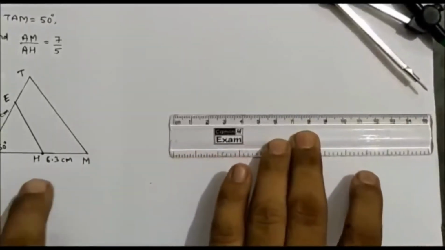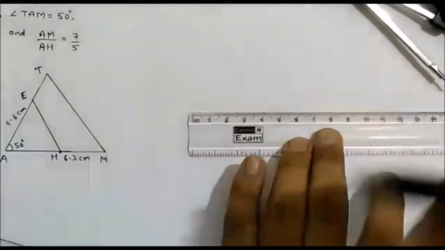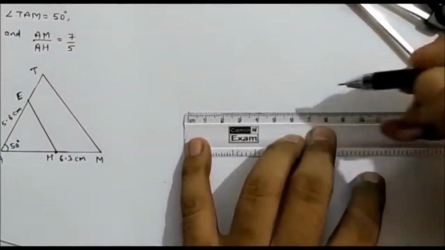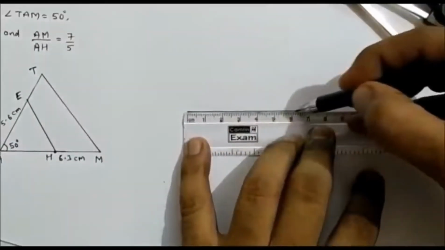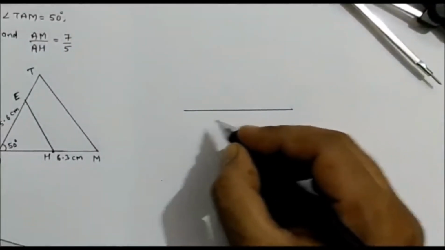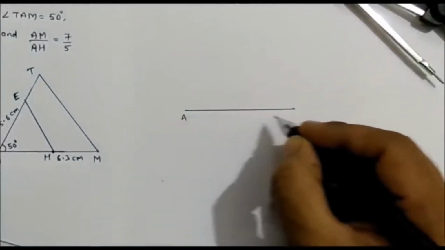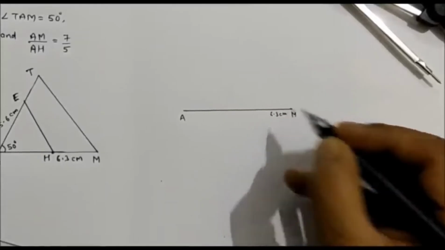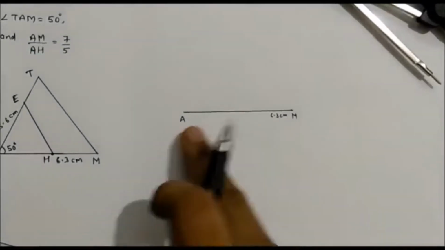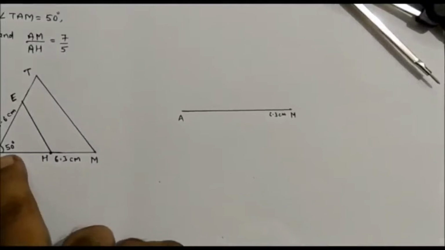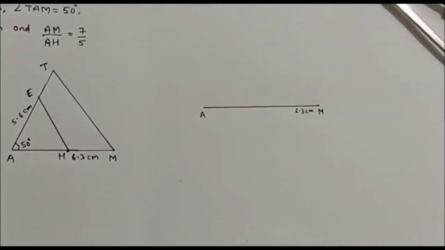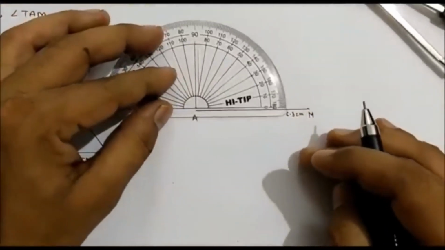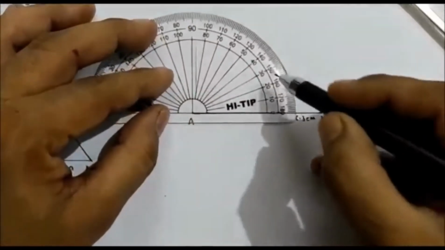Now let us see the construction. We'll draw the base AM, 6.3 centimeter. You can take 6.3 centimeter. Draw the base AM 6.3 centimeter, and then draw an angle of 50 degrees at point A. Take the protractor and draw an angle of 50 degrees.